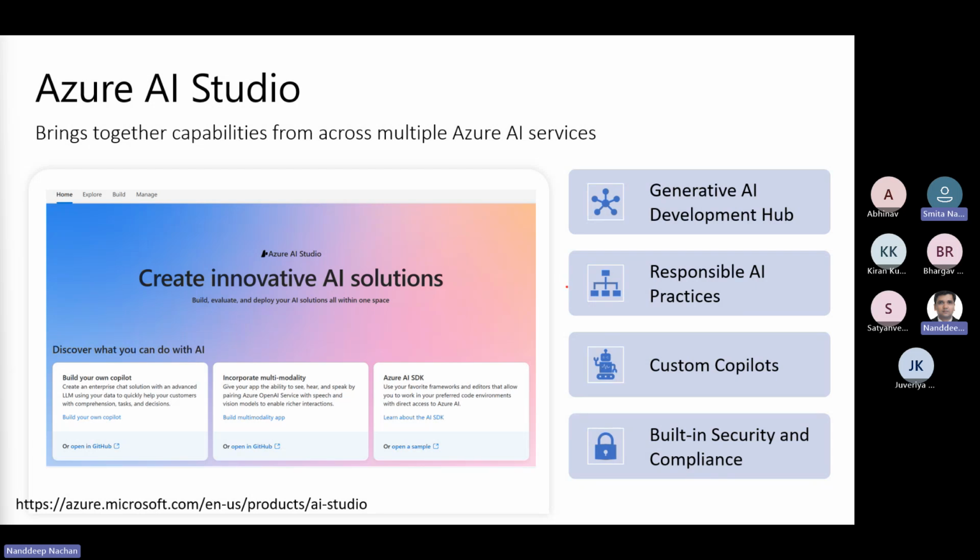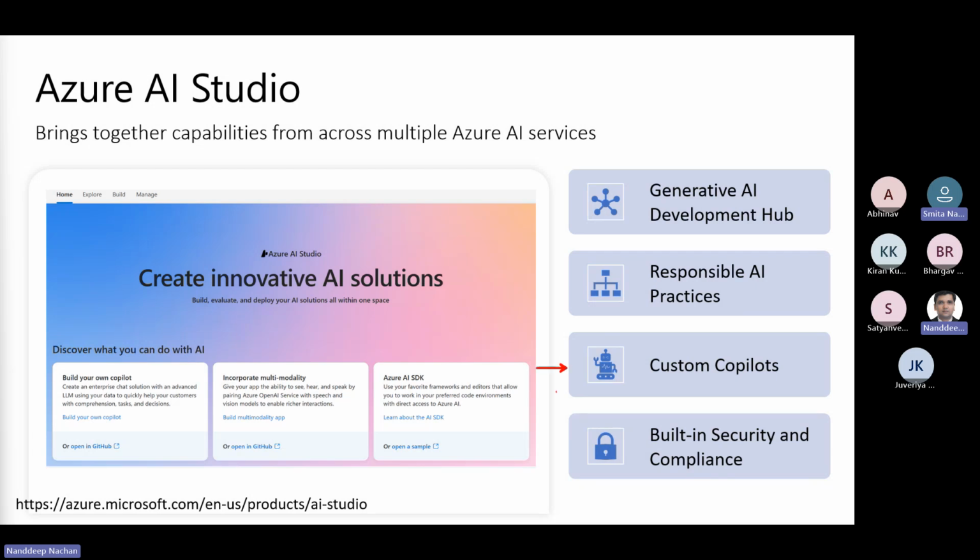The second one is responsible AI practices. Grounded in responsible AI practices, Azure AI Studio ensures that your AI solutions are trustworthy as well as ethical. So you can build with confidence, knowing that the platform emphasizes transparency, fairness and accountability.